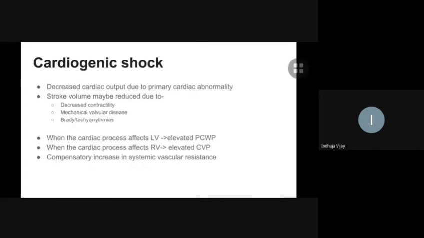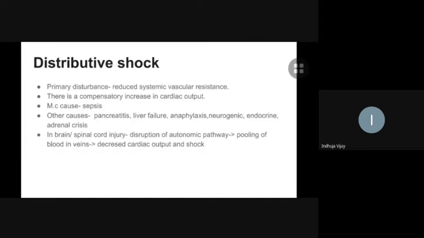Whereas in distributive shock, you'll have a decreased systemic vascular resistance. Okay, so the common causes of cardiogenic shock would be acute MI, myocarditis, arrhythmias, or valvular heart disease. Okay, mostly the regurgitant heart disease, aortic regurgitation, mitral regurgitation.